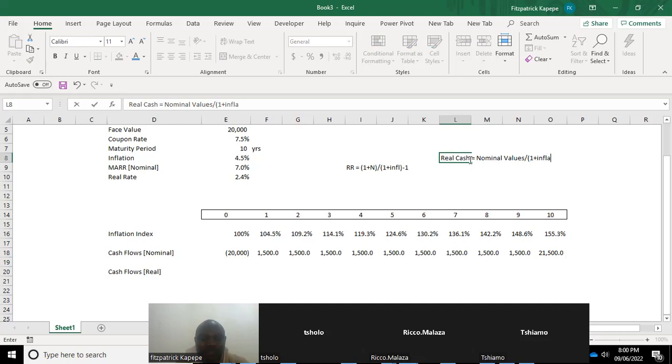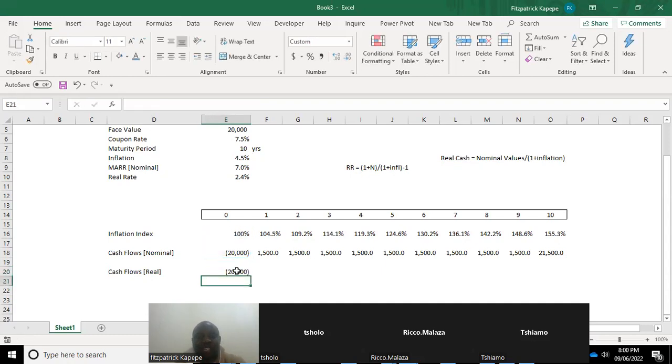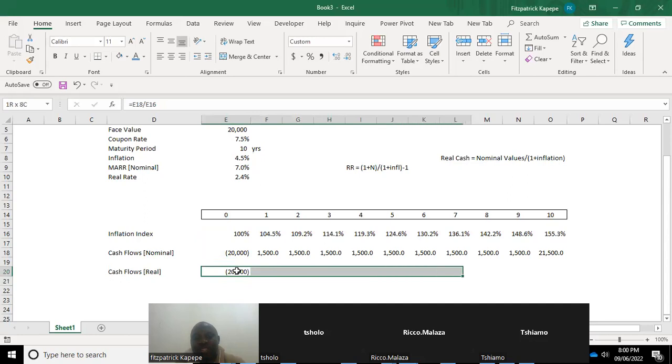It's the same thing. So for the real values, we are still using this formula. The real values will be this 20 divided by your inflation index, so it's 1 plus inflation. This is why I've put the inflation index on top there, which gives you that. So we know that the real cash is down there.